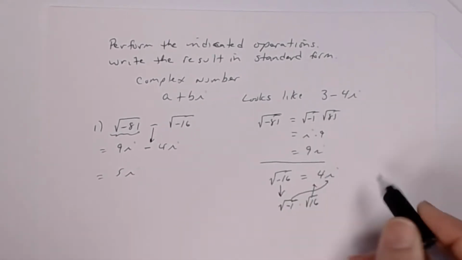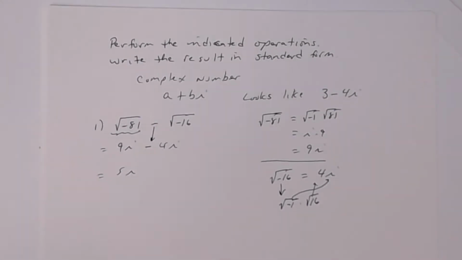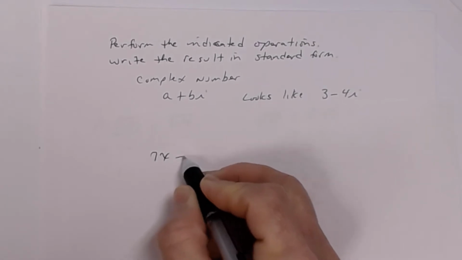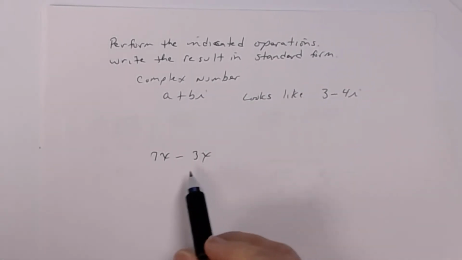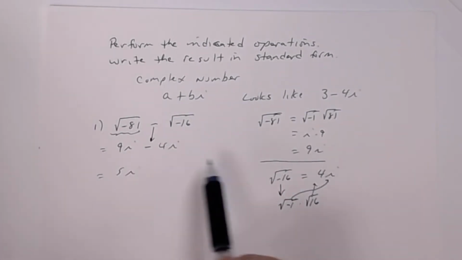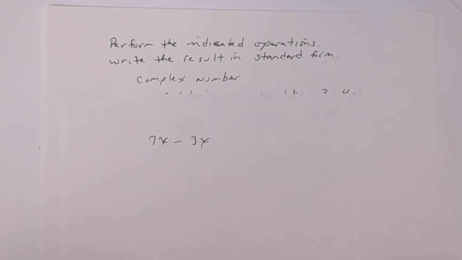It's kind of like I'm going to go ahead and do this on another sheet of paper. It's kind of like if you had this idea from previous lessons. Okay, so it's kind of like when you had, let's say, 7x minus 3x. So now these are variables, whereas this right here is an imaginary unit, but it works the same way.